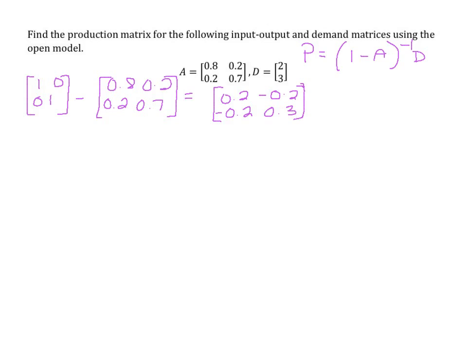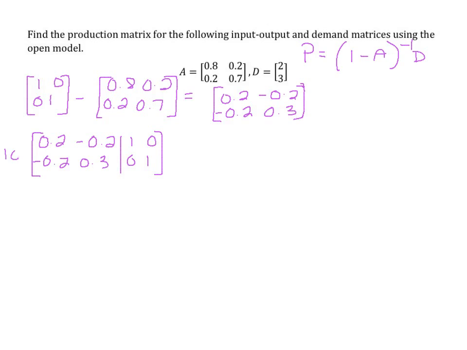Alright, so now we need to find the inverse of this. So note that we take 0.2, negative 0.2, and 0.3, and we add on the identity matrix here. But I don't know about you, but I'm not quite a fan of decimals.